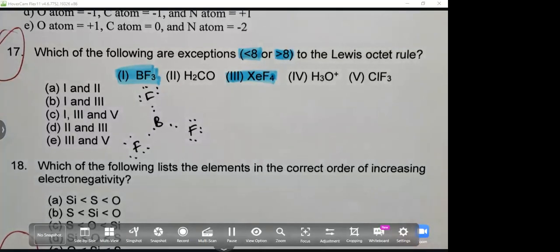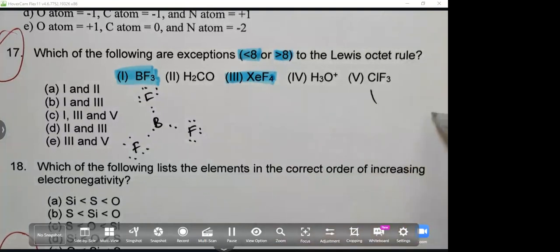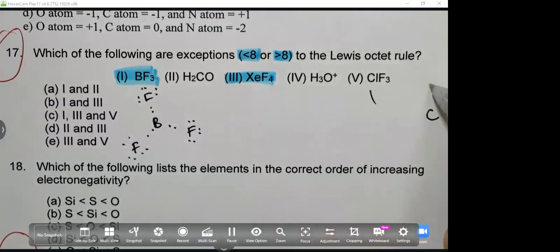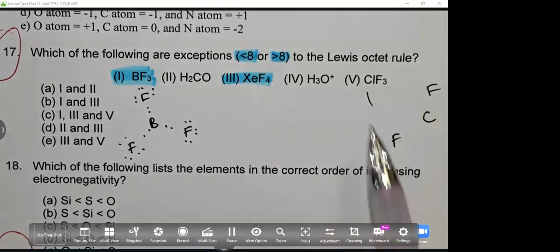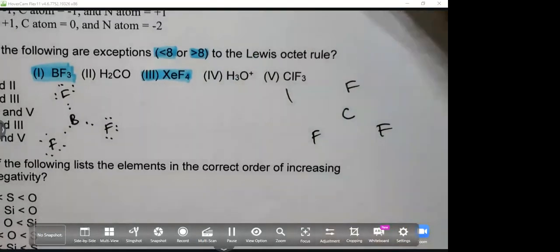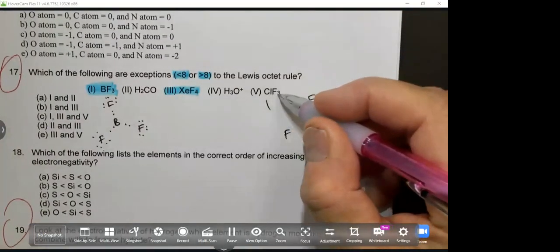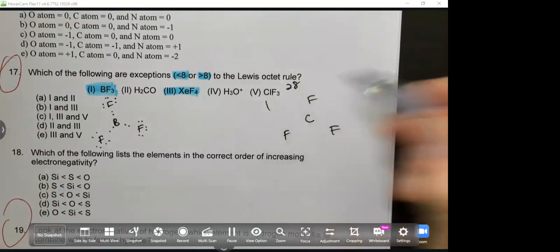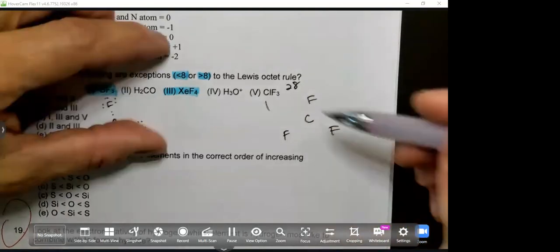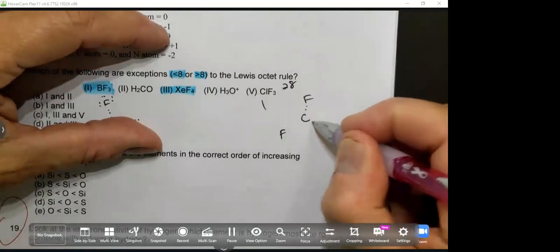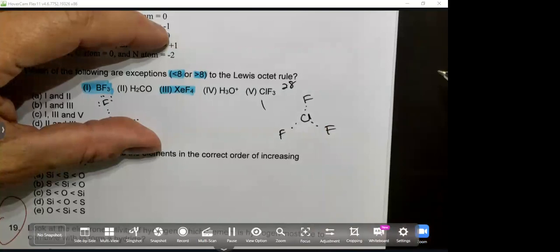And let's see, we could draw out this one. I don't know. Let's see, we got F, F, F. So for the valence electrons for this, both of them are in group 17, so we're looking at 28. 28 valence electrons. Oh, that's a chlorine. Cl.